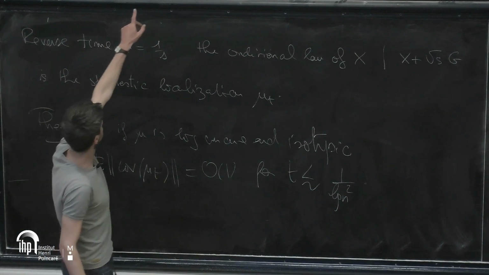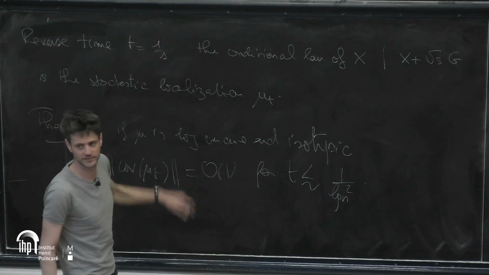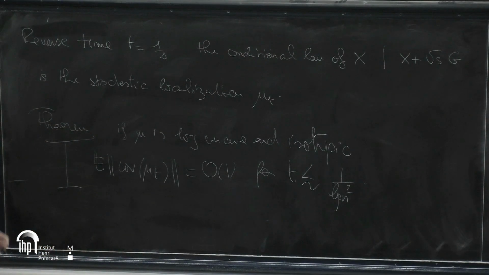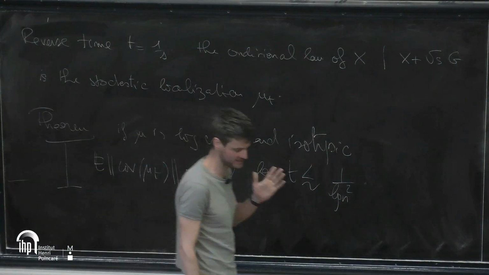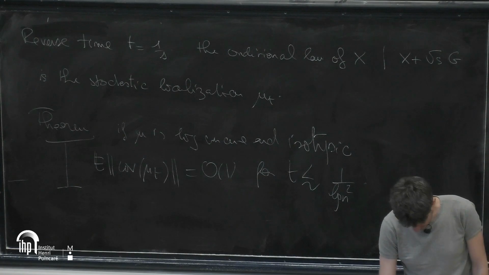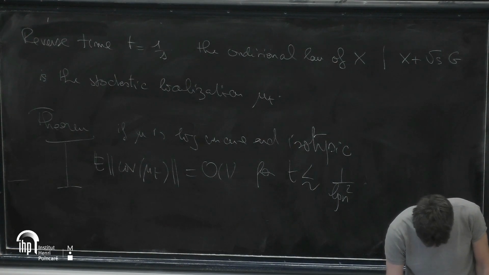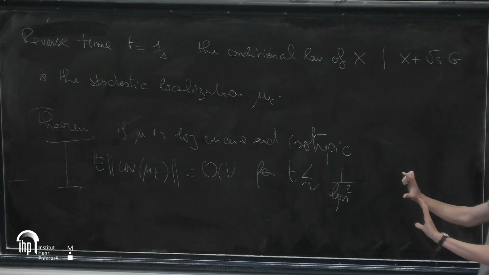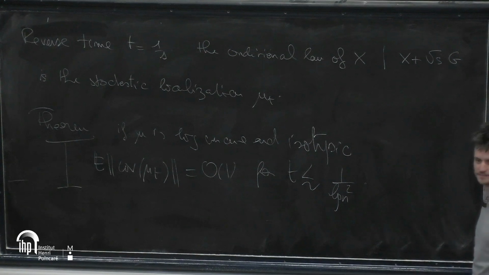This script N stands for normal, so it's a standard Gaussian. Okay, so there will be many steps. It's kind of a long process, but I promise that taken individually, all the steps are somewhat easy.